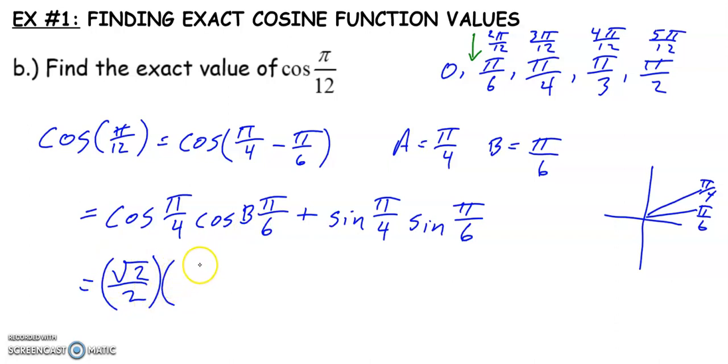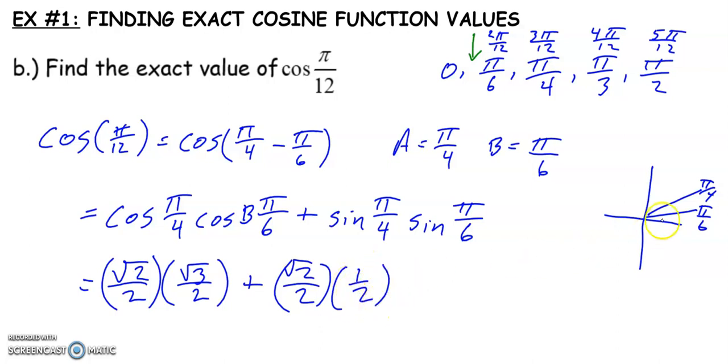Well, that value is radical 3 over 2 plus sine of pi over 4, that's radical 2 over 2 times the sine of pi over 6, which would be 1/2.